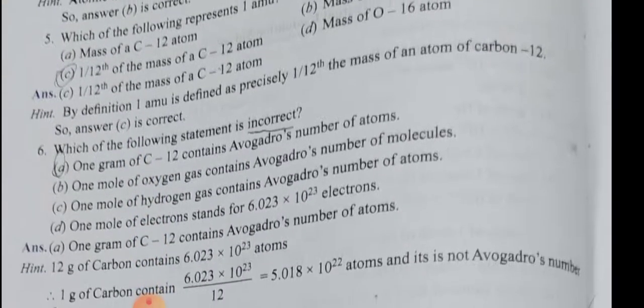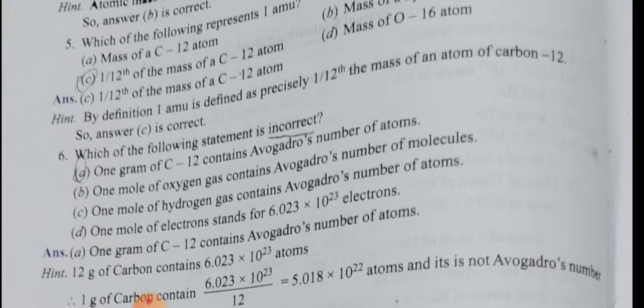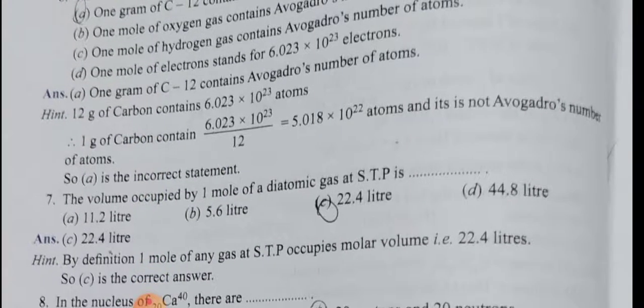Then, which of the following statements is incorrect? It is option A, 1 gram carbon-12 contains Avogadro number of atoms. Then the volume occupied by 1 mole of diatomic gas at STP: any gas at STP occupies the gram molar volume, 22.4 liter.